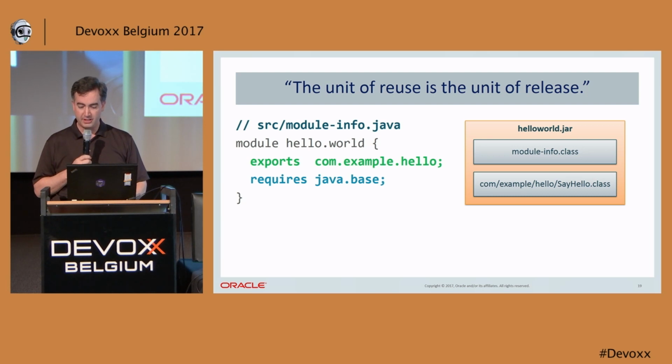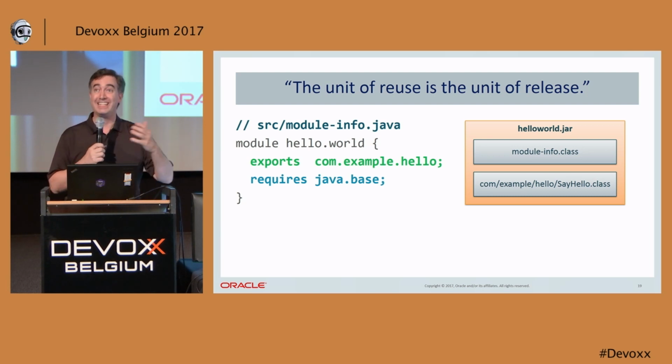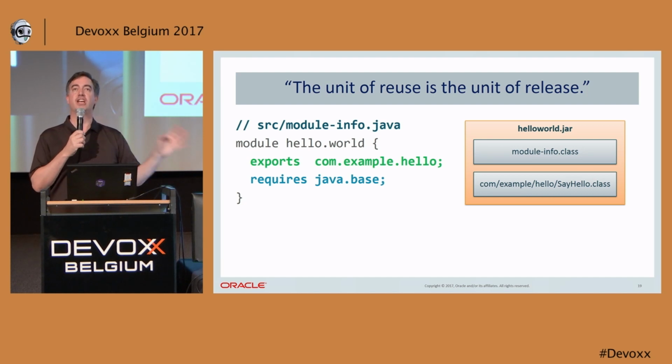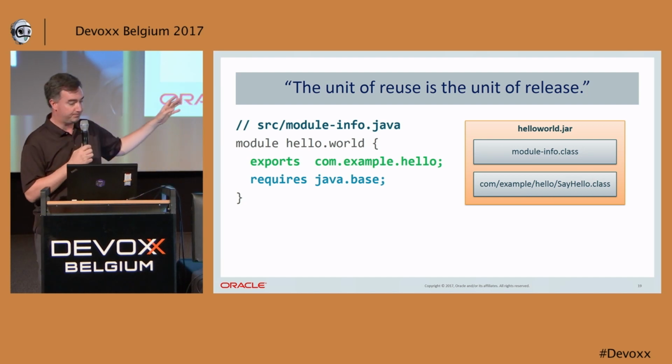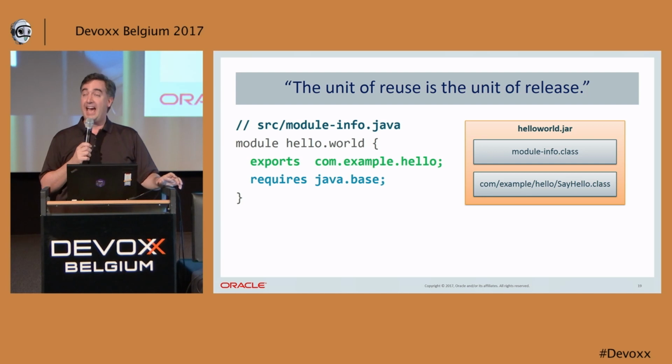Now, in the Java ecosystem, there's no question that the unit of release is the jar file. That doesn't change with modules. A jar file, helloworld.jar, simply carries the module-info.class file produced from module-info.java alongside ordinary class files. We call this a modular jar. So when someone releases a modular jar for the HelloWorld module, it's reused by someone else writing requires HelloWorld in their own module-info.java.